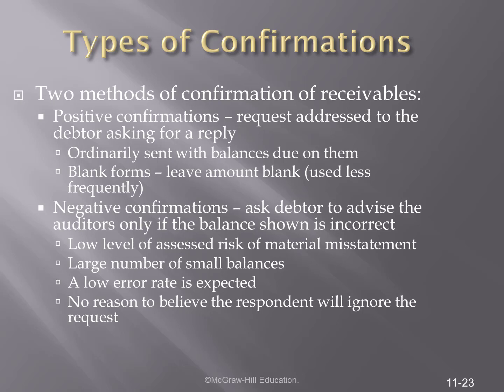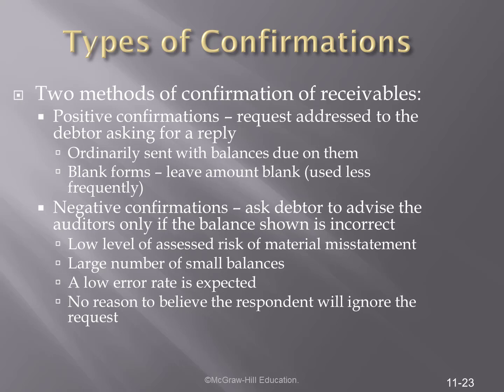So let's talk specifically about what a confirmation is and how the positive and negative confirmation differ. In a confirmation, the client will send a letter to the customer requesting that the customer confirms the accounts receivable balance as of a specific date. In a positive confirmation, the customer will confirm the account balance and will send the letter back to the auditor.